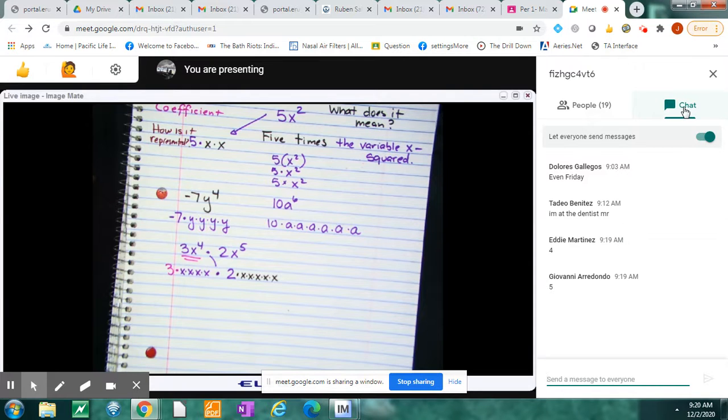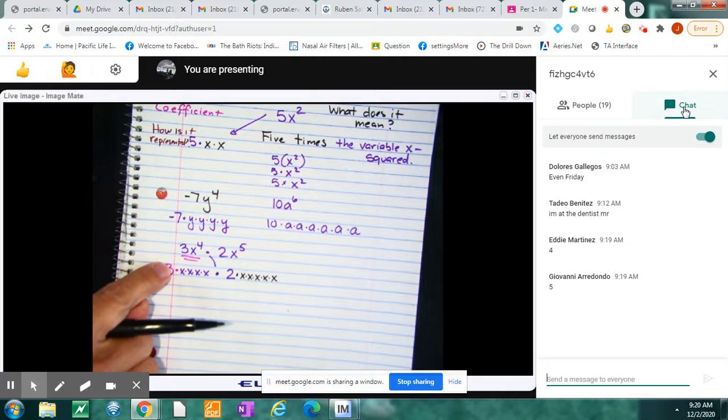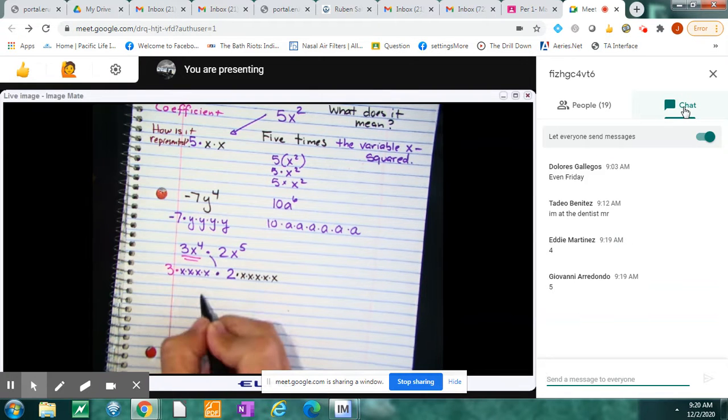So now with the numbers, you do everything you've learned in 7th grade. The big 3 times this 2 is 6. And now, how many x's are there? Are there 20? No, right?